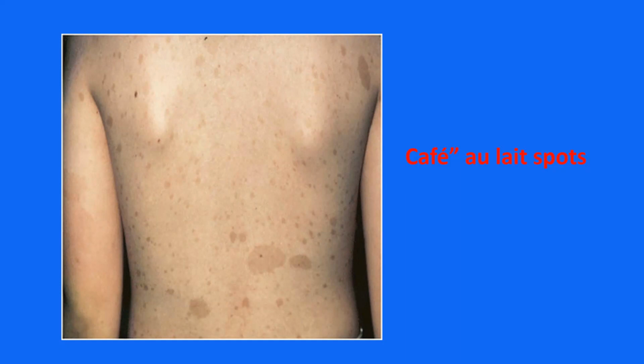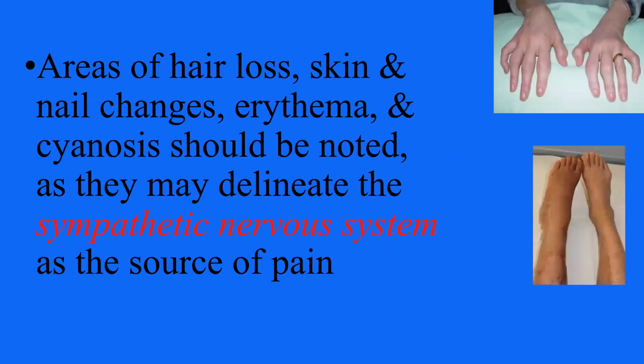The difference between one is serrated and the other is smooth. It will help you in the diagnosis. If you look at this, you say this patient has neurofibromatosis. You search for neurofibromas underneath the skin and you confirm the diagnosis. Or if, on the other hand, the patient could have Albright's disease. So pay attention to this.